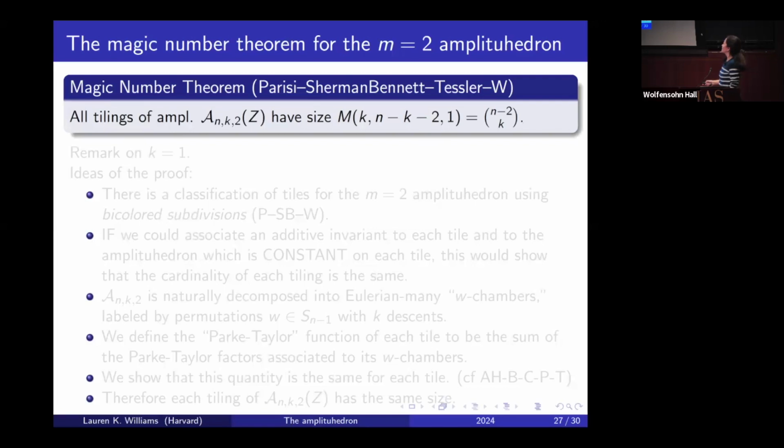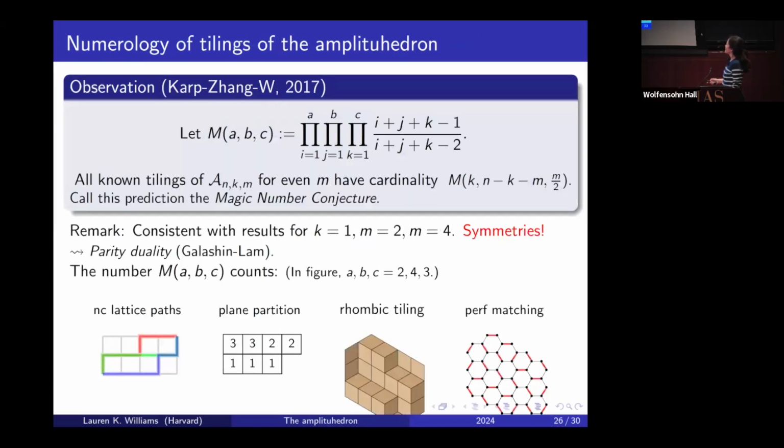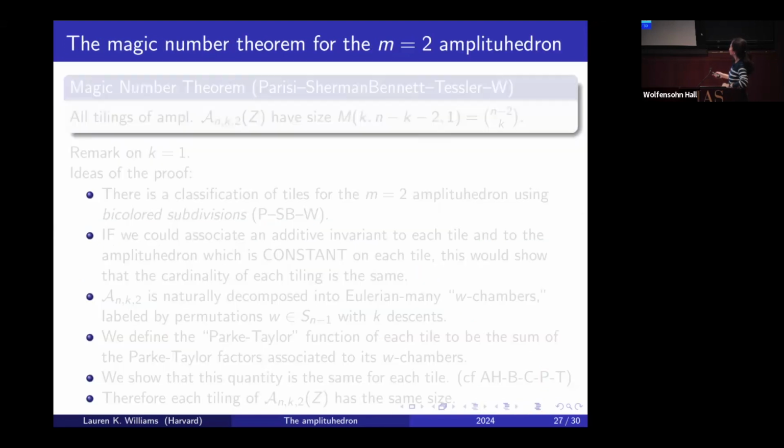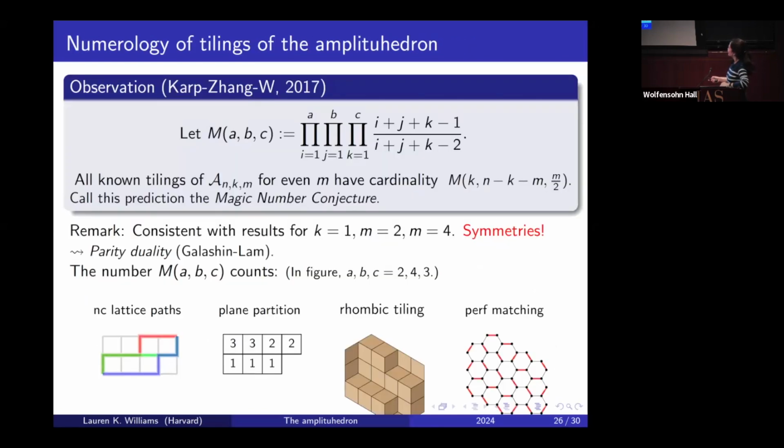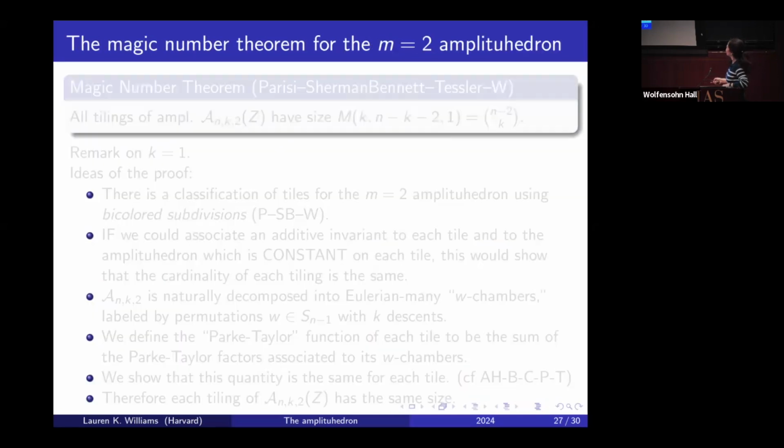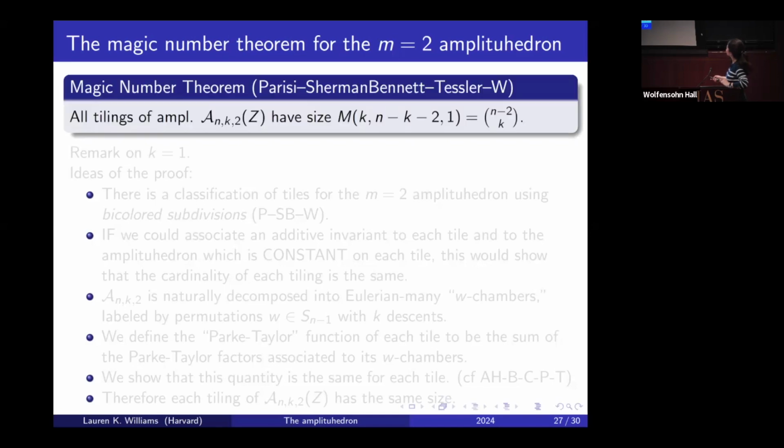For large m, we don't even know how to generate tilings. So it's kind of a wild conjecture, but it's true for m equals 2.